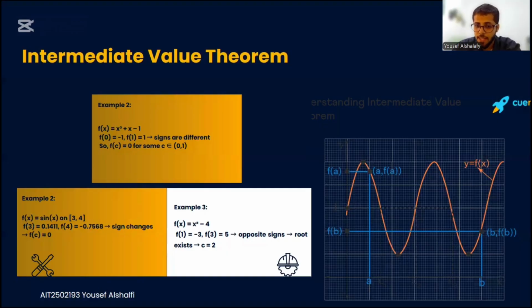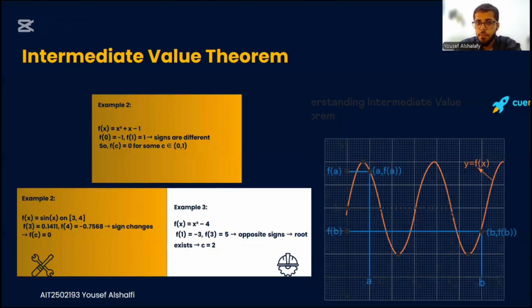So there exists a value c between 0 and 1 such that f(c) is equal to 0.